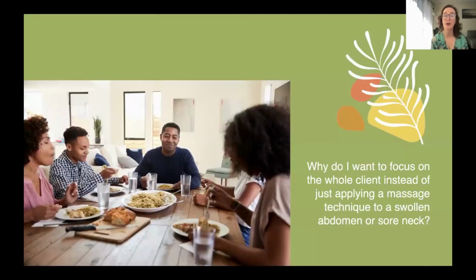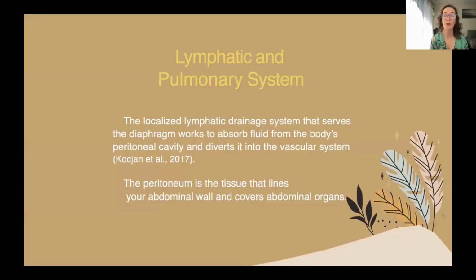So here's our wonderful friendly question again. Why do we want to apply our technique, our holistic massage to the whole client instead of just doing a spot treatment to somebody? And we can also talk about the lymphatic and the pulmonary system. So there's a localized lymphatic drainage system that serves the body's diaphragm. So this is all about the breathing and how breathing interacts with the lymphatic system.